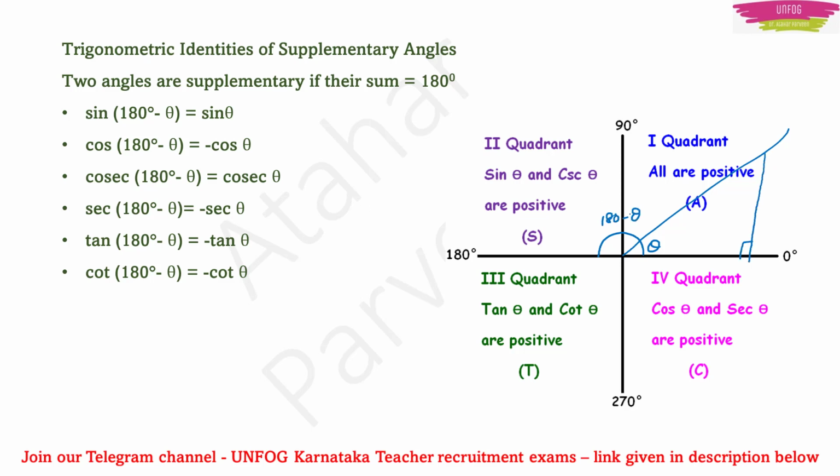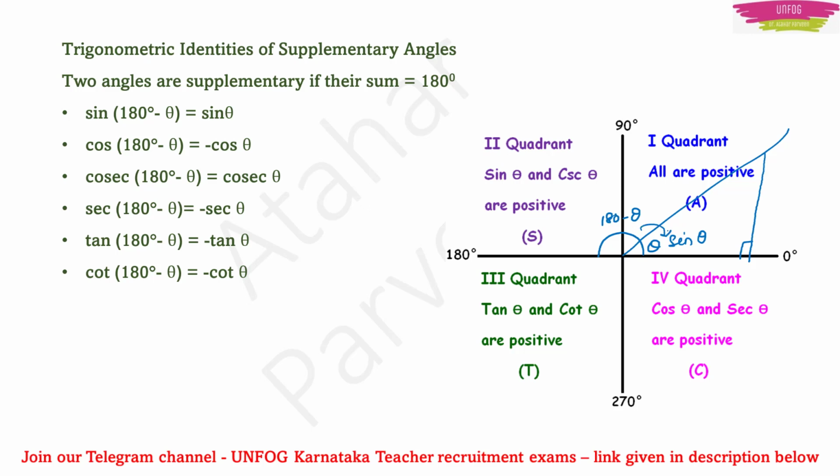It will be 180 minus theta, because the sum of the angles on a straight line is 180 degrees. Now this sin theta will be equal to the opposite upon hypotenuse. So the rest, 180 minus theta, will be equal to this theta. So that is the formula.